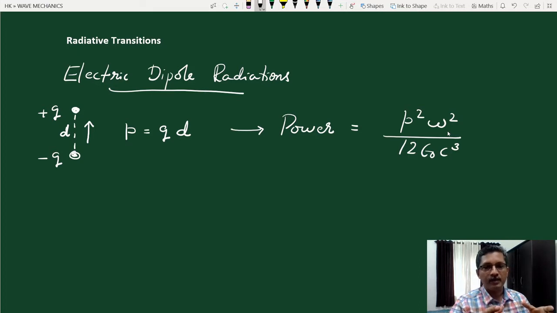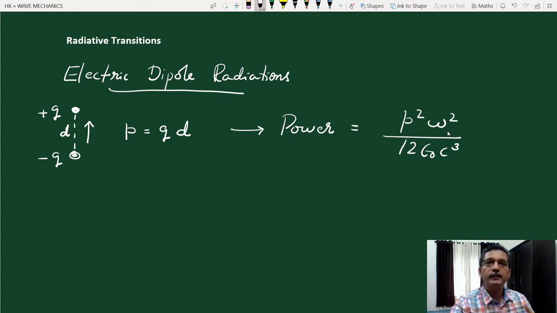We know that depending upon the different quantum state of the electron, its charge distribution varies with the radial distance, it varies with the angular variables. So there are different distributions of charges in hydrogen atom depending upon the quantum state of the electron.